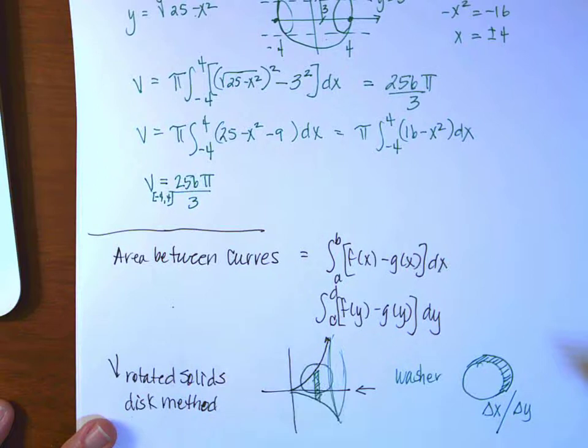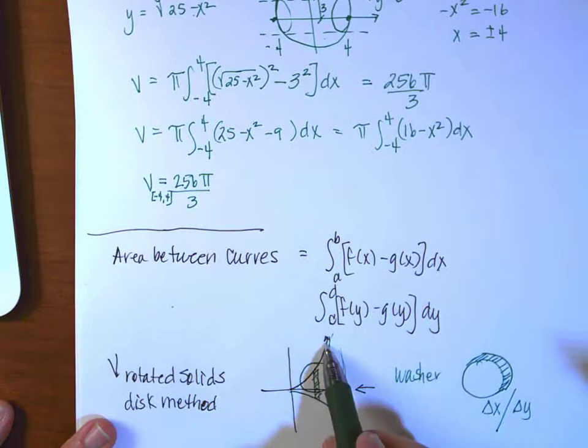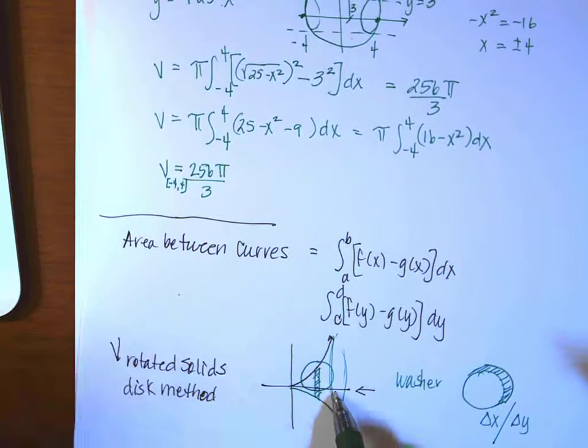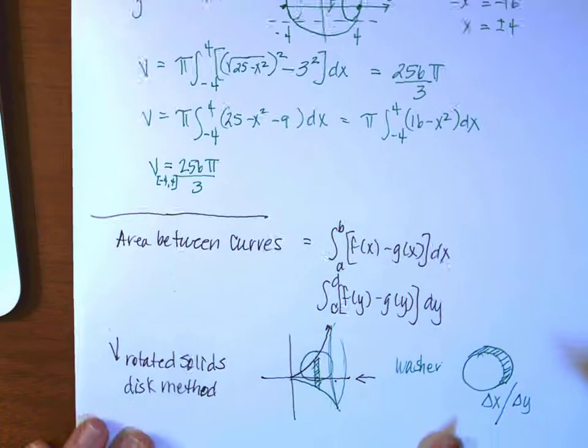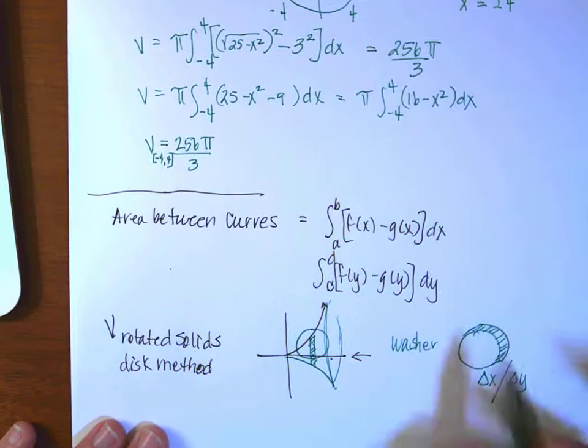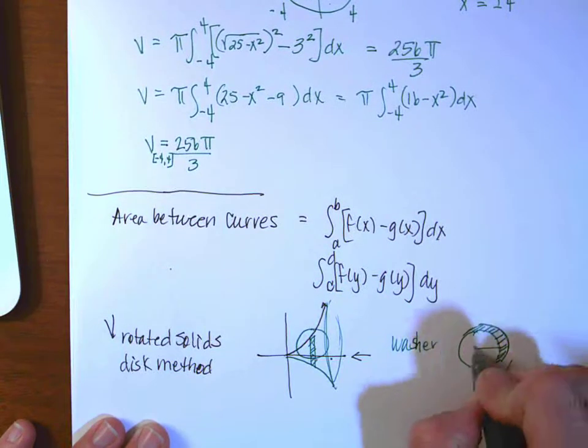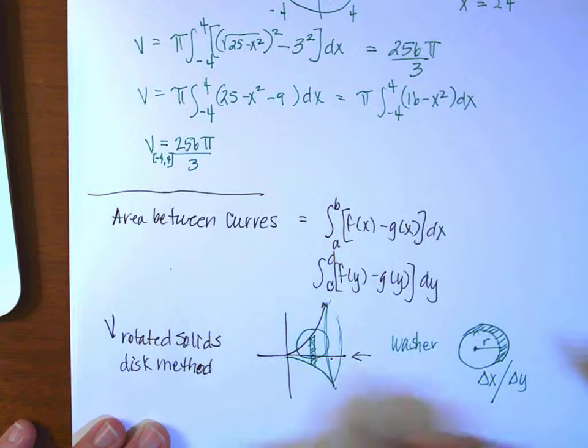And then if I take this information right here and I do the top minus the bottom, that gives me the height of my object that I'm rotating, and the height is the radius. And so when we rotate the radius, it creates a circle.